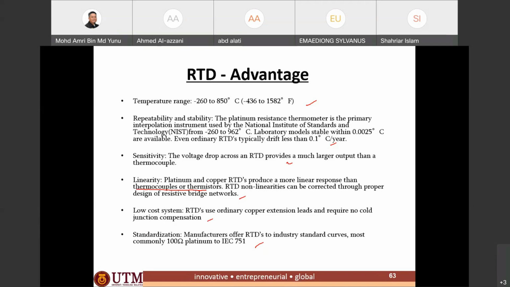Also, the RTD is constructed based on an industrial standard, IEC 60751, for instance.